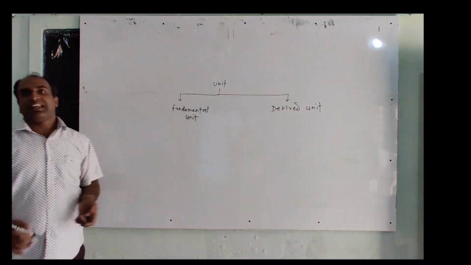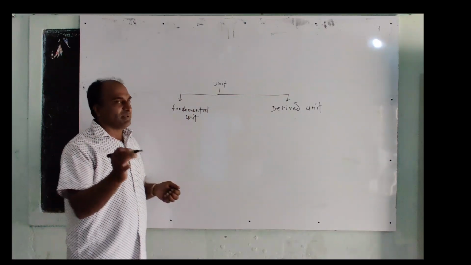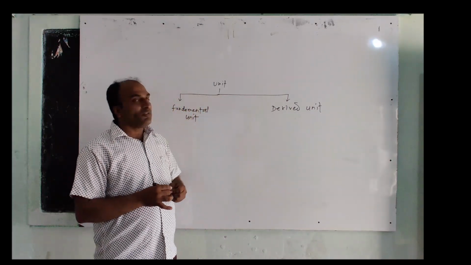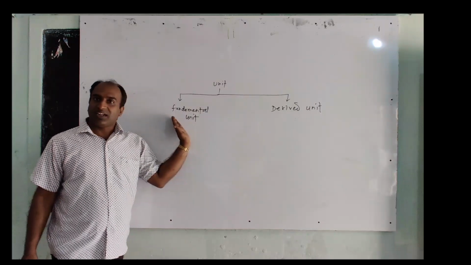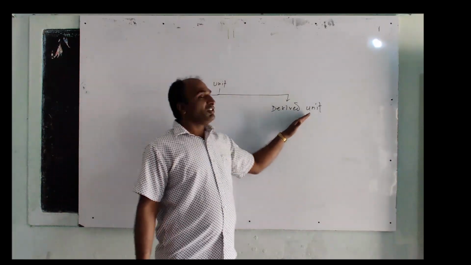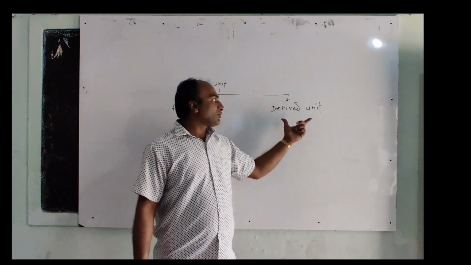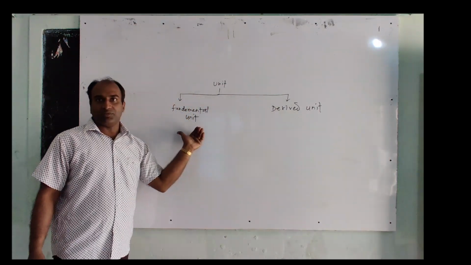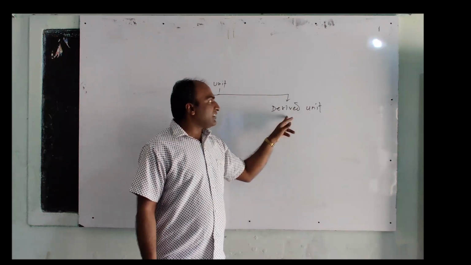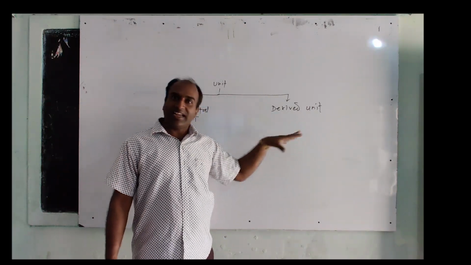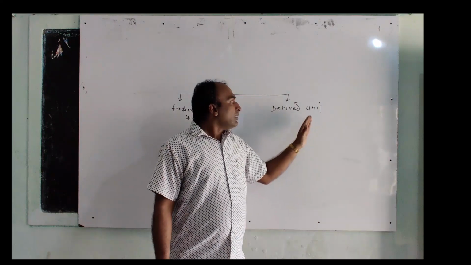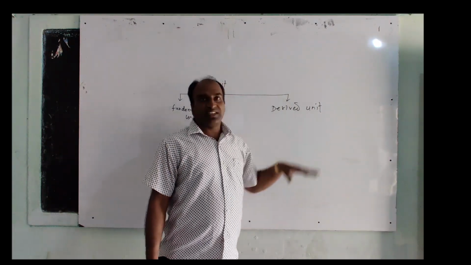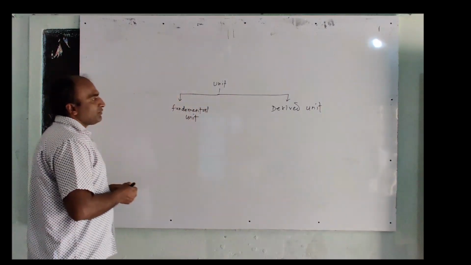Fundamental units are for length, mass, time, temperature, luminous intensity, current, amount of substance. Derived units depend upon the fundamental units, like area, velocity, acceleration, force. Power is also a derived unit.